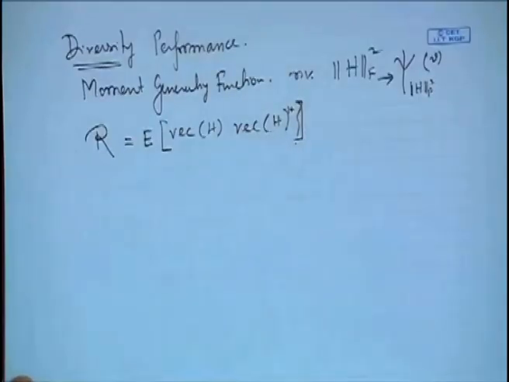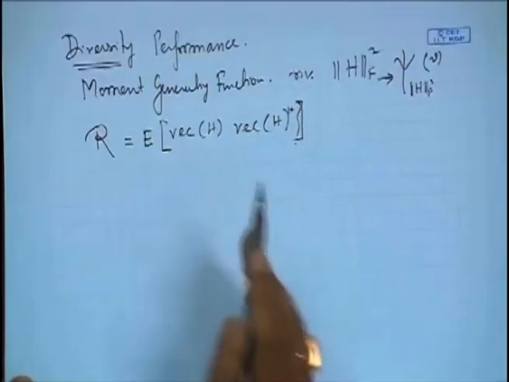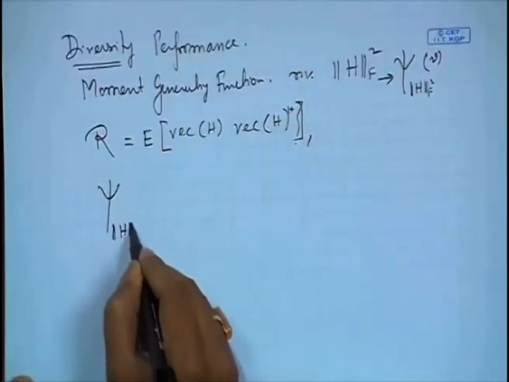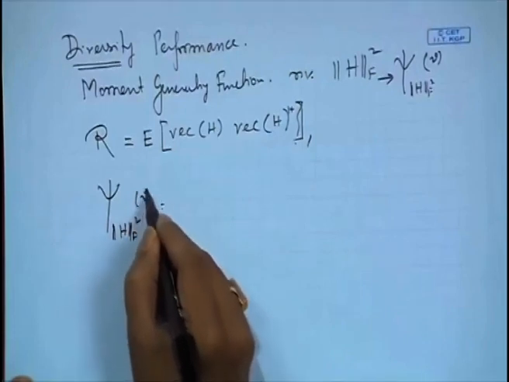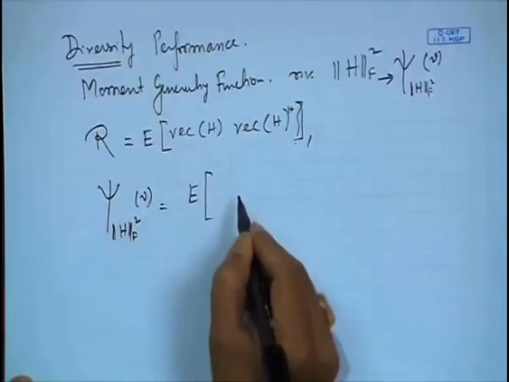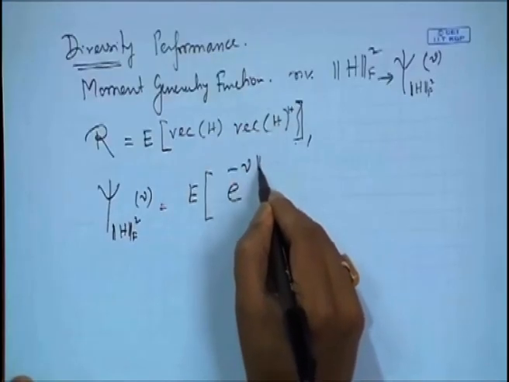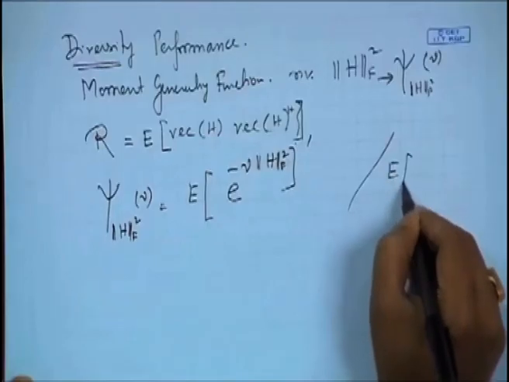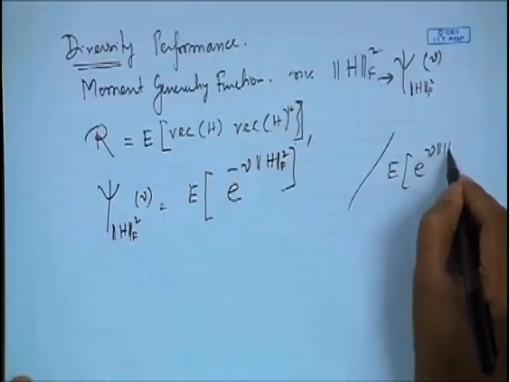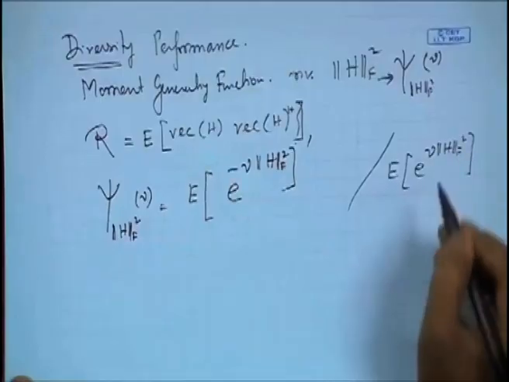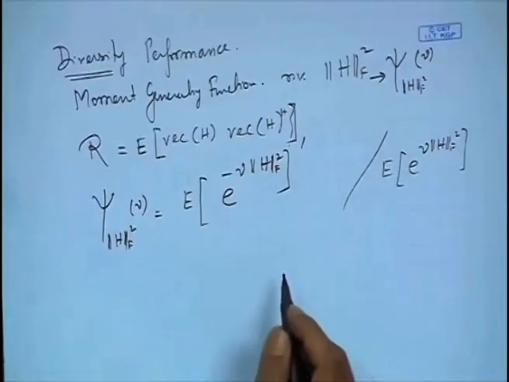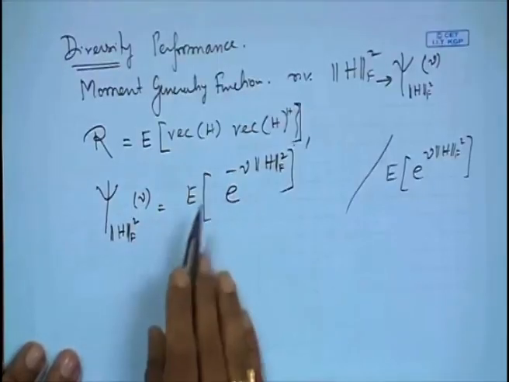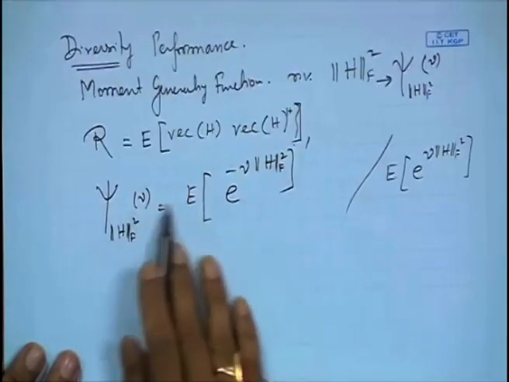So this is the covariance matrix of H, and psi of HF squared of nu is given as the expectation of e to the power of minus nu HF squared. Now in some cases you could write it as e to the power of nu HF squared. It's all the same. It depends on what we do at the end. So this has been evaluated. It's not a very straightforward evaluation.